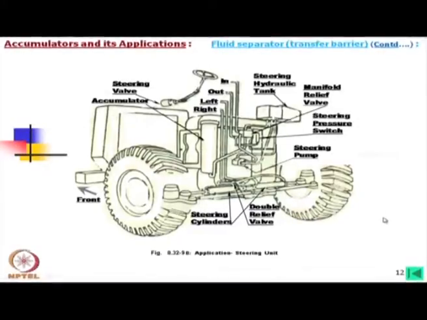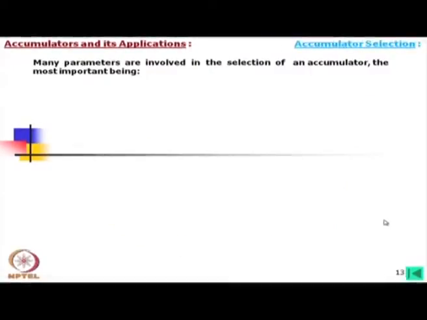The accumulator will reduce such additional effort. Many parameters are involved in the selection of an accumulator. Now, we will think of how this accumulator can be selected. We have seen just the very preliminary applications of the accumulator. Now, we will look into how it can be selected.